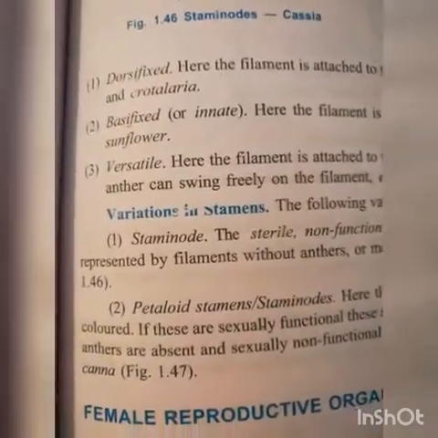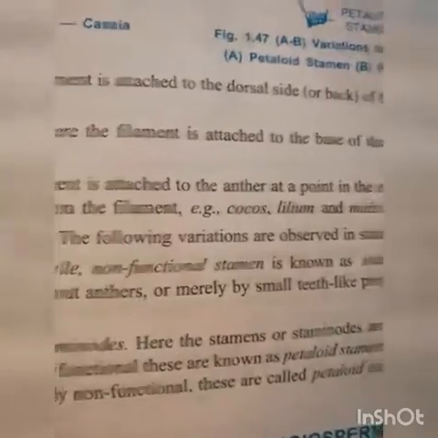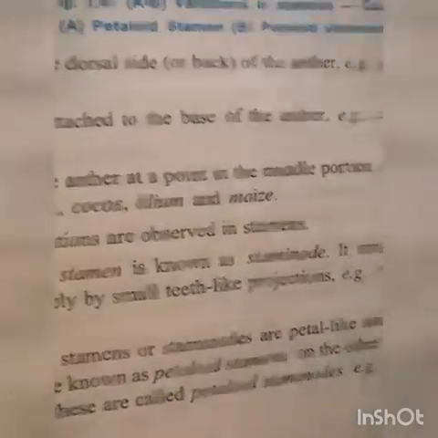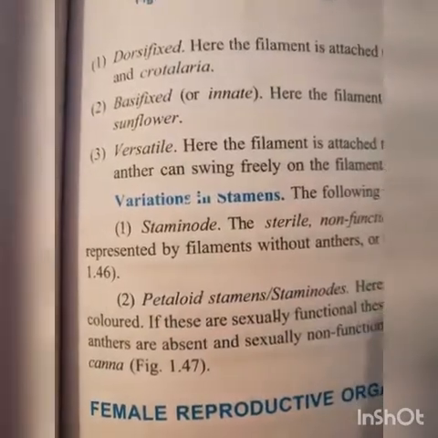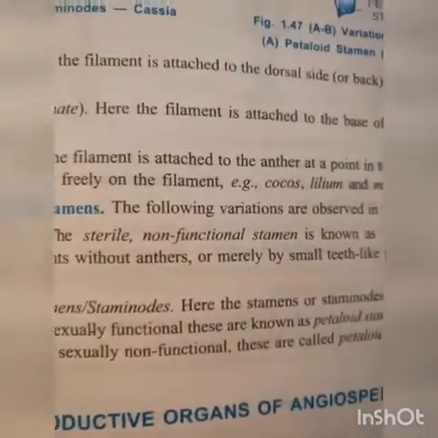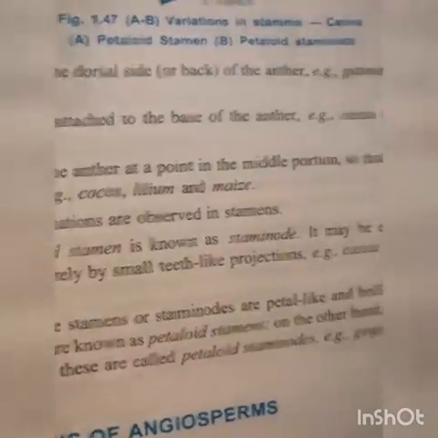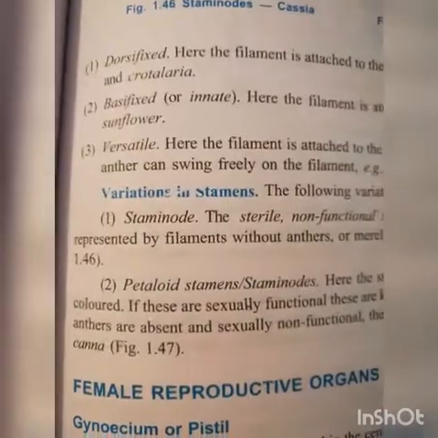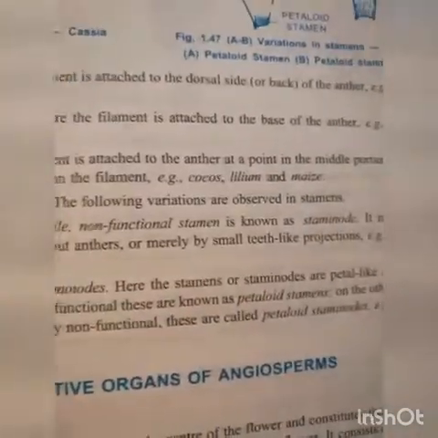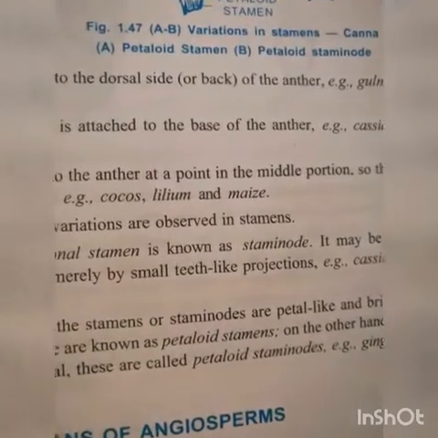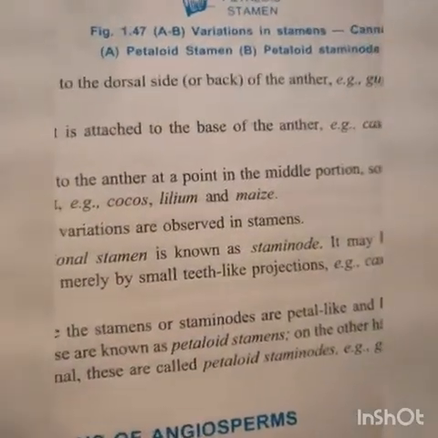Variation in stamens. The following variations are observed in the stamens. First one, staminode. The sterile or non-functional stamen is known as staminode, means the stamens are infertile.